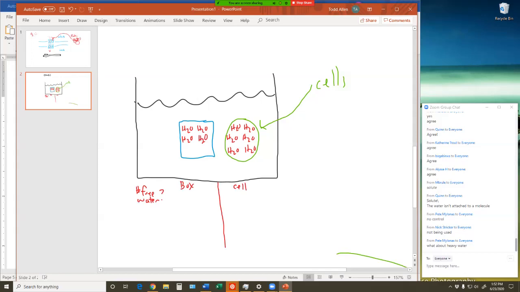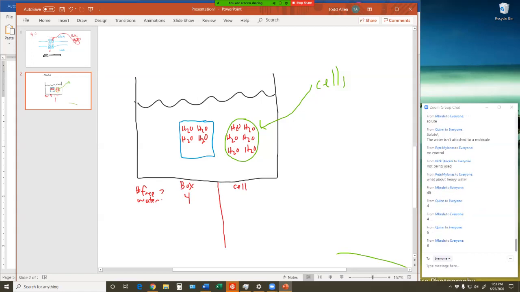Okay, so type into the chat window at this moment in our conversation in the drawing, how many free water molecules are in the box? 4, you got it. Okay, so I got 4 free waters in the box. How many free waters do I have in the cell? Okay, good job, everybody. Got 6 free waters there. Very good.